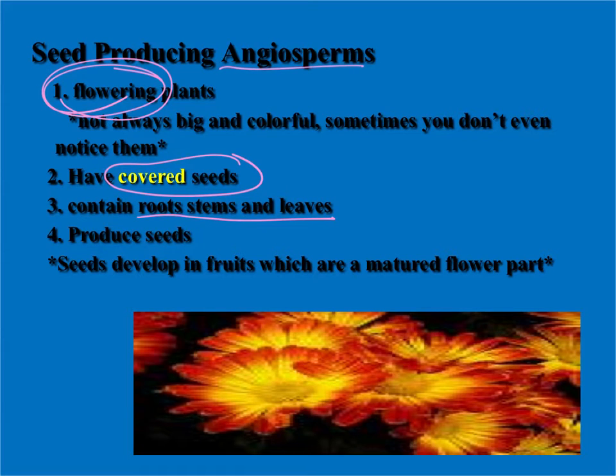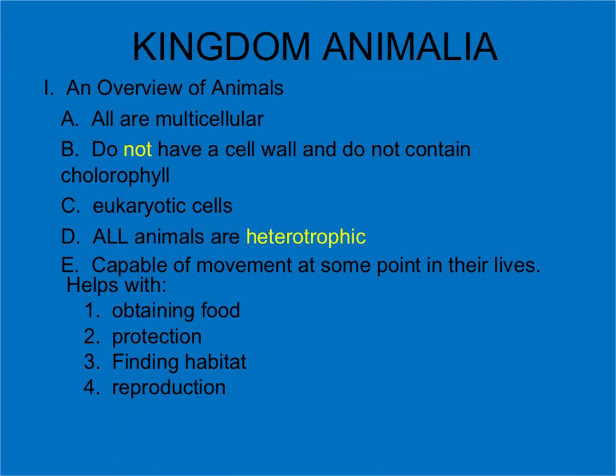Fruits are considered the matured ovary of the flower. So you'll get the flower first, then you'll get your fruit or even your vegetable. Another thing about flowers not being big and beautiful: grass is a flower. A lot of people don't realize that, but grass is a type of angiosperm.